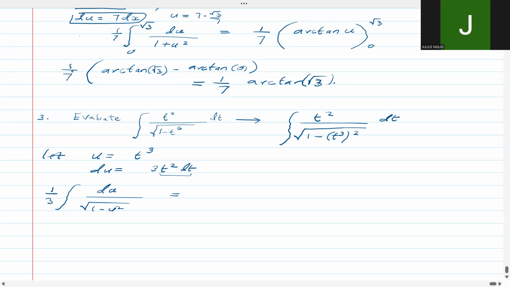And this integral, again, is 1 over 3 times the integral of 1 over the square root of 1 minus u squared, which is arcsine u. In this case, you say plus constant C because it's an indefinite integral. It doesn't have limits of integration. So we have one third arcsine, where u was t cubed, plus a constant C.